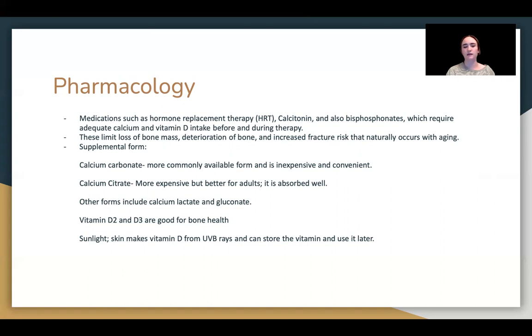Other forms include calcium lactate and gluconate, but also vitamin B2 and B3 are good for bone health, and also sunlight. Skin makes vitamin D from UVB rays, can store the vitamin and use it for later. I thought that was really interesting too. You'd think, going out into the sunlight, it feels nice and the heat and all that stuff, but it also helps with vitamin D.